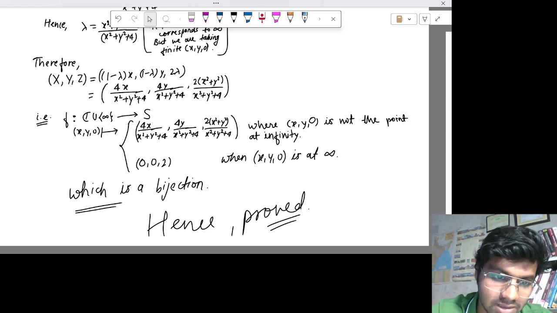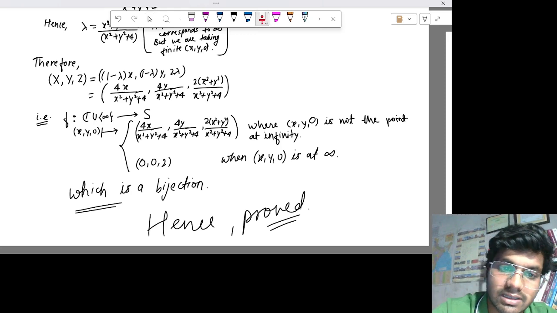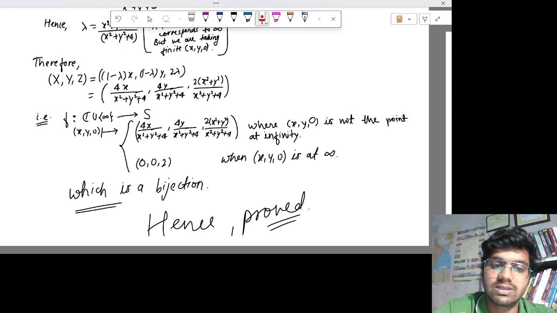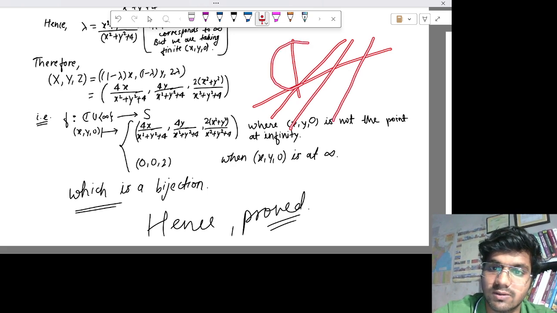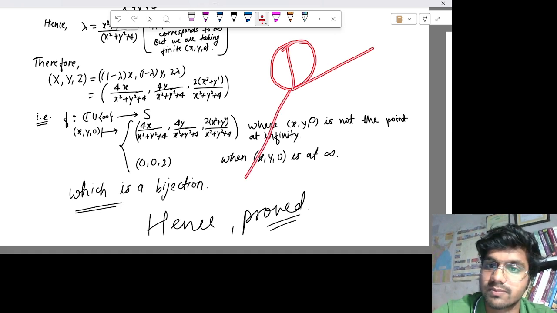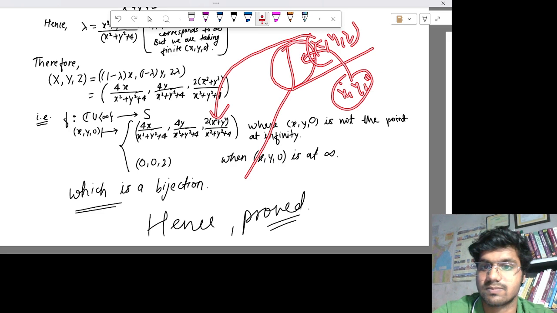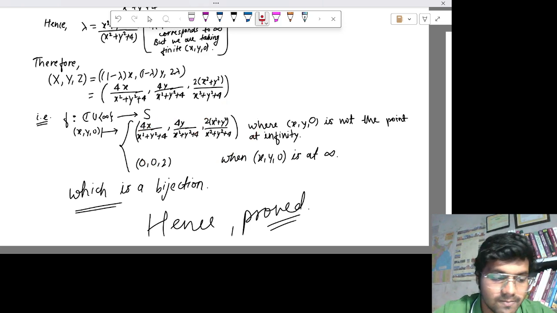When it is infinity, we take the value as the vertex, that is 0, 0, 2. So this is a bijection. We take the whole complex plane and send any arbitrary point x, y, 0 to a point capital X, Y, Z whose value is this, and this function is bijective.